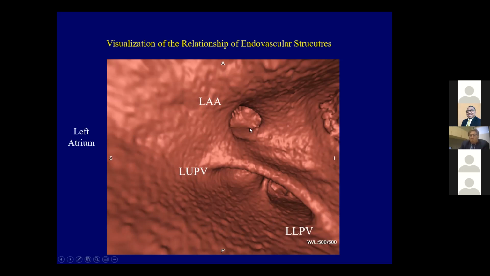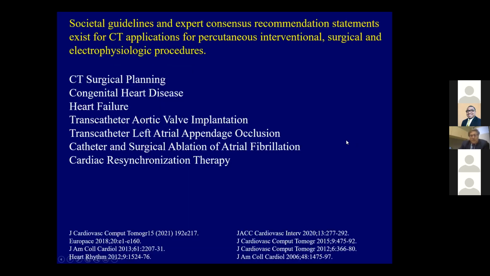When people are doing Watchman devices, they're placing a device in the left atrial ostium. So understanding the size and three-dimensional characteristics, as well as the topography around it, are extremely important and something that we can do. So again, just like everything else, guidelines keep coming out.